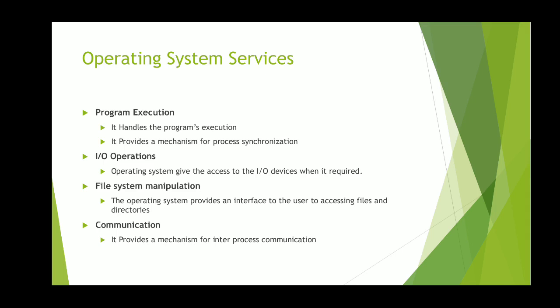But in the case of an embedded system, these IO devices can be various sensors and actuators. For the proper operation of the application or process, they need to communicate with the various IO devices attached to the system. And the IO operation services of the operating system handle these IO devices.